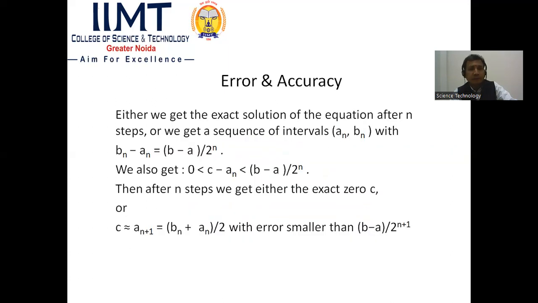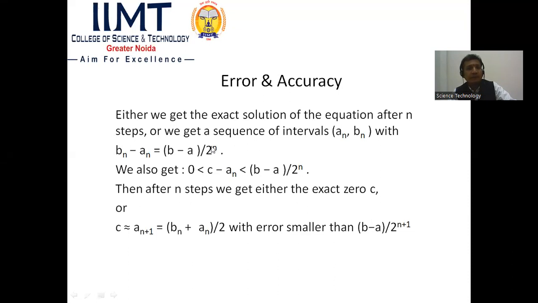Error involved in this process. When we repeat this process n times, the interval will be an and bn. The width of this interval is bn minus an, which is equal to (b minus a) divided by 2 raised to the power n.